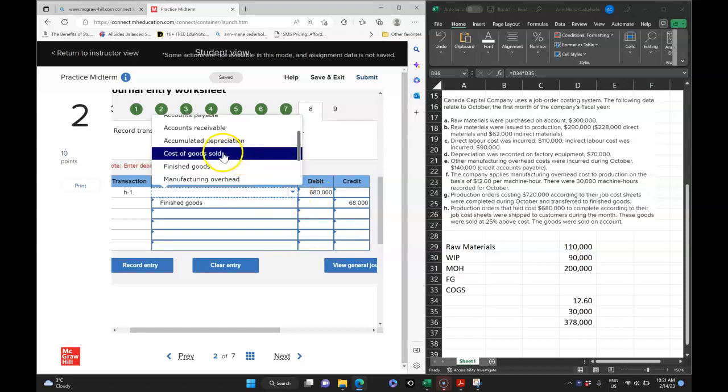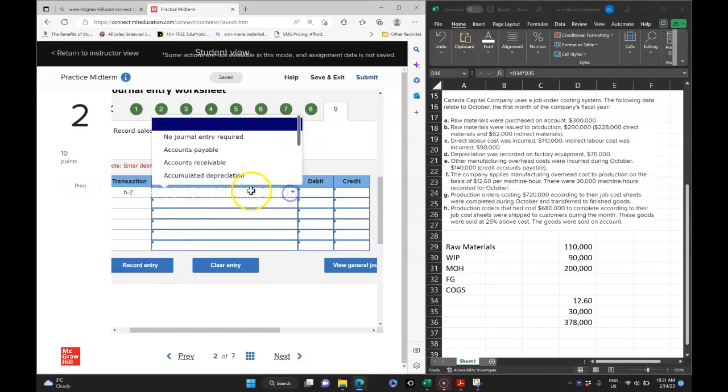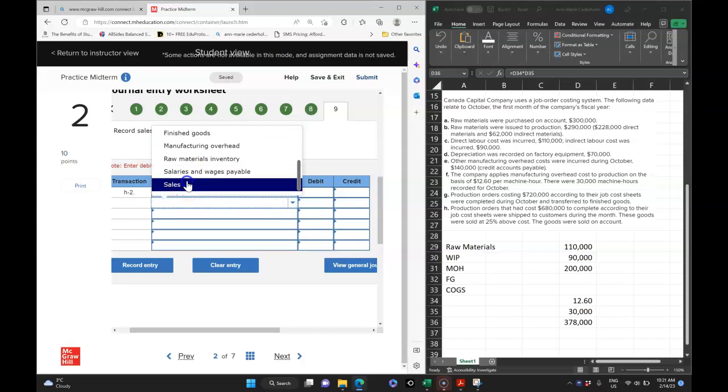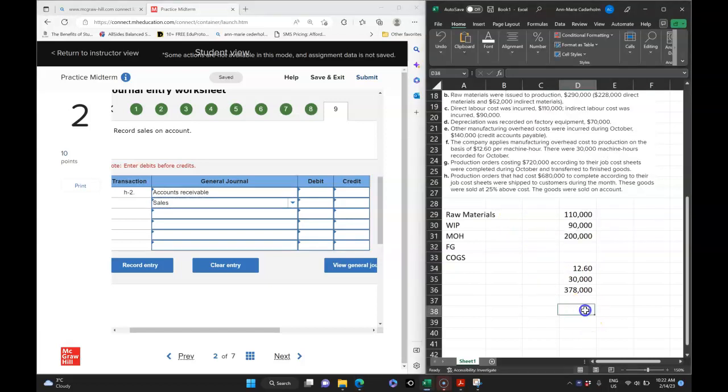And just remember, this is a two-part question because not only do we have to record the cost, we're also responsible for recording the sale of the product. So I'm just going to assume that the sale was on account. And I think it might tell us. These goods were sold at 25% above cost on account. So that's why I put accounts receivable.